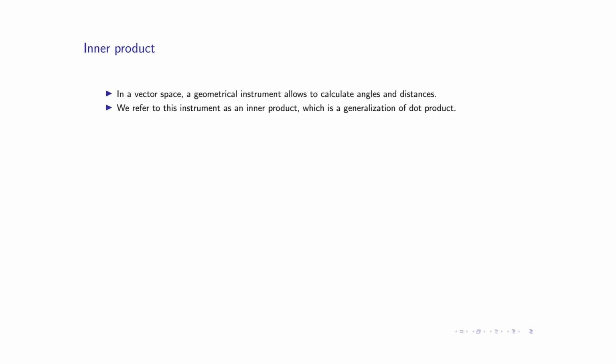We refer to this instrument as the inner product, which is a generalization of the dot product. In any vector space, you could define the inner product of any two vectors. The definition is that this is one vector, this is another vector, and the result of the inner product is a real number.